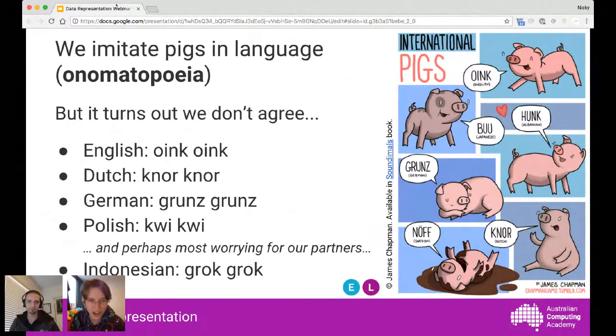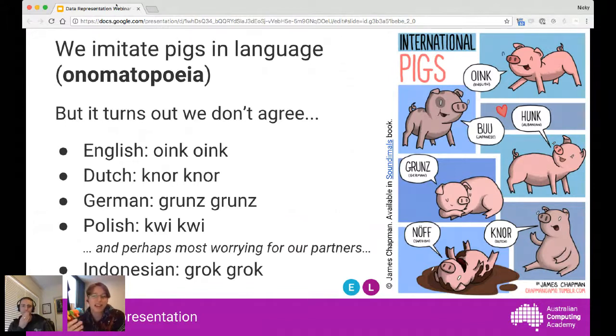As one of the co-founders of Grok Learning, I am a little concerned about the Indonesian sound a pig makes: grok. But actually, I've heard some other fantastic ones as well. So apparently in Japanese, pigs go boo boo, which I think is delightful. Just delightful.